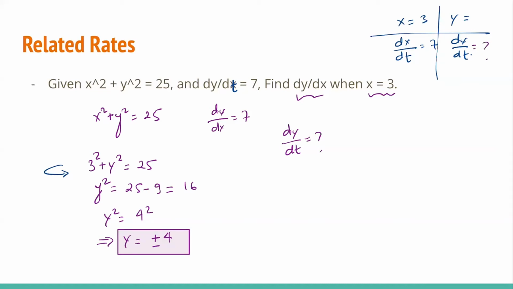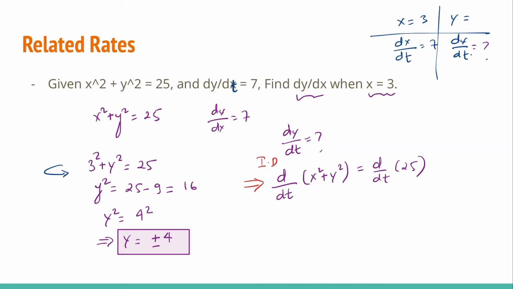Well, for this, what you can do is say d over dt of the given equation, x squared plus y squared, and d over dt of 25. Notice that we used implicit differentiation here, so I'm just going to write ID for implicit differentiation.